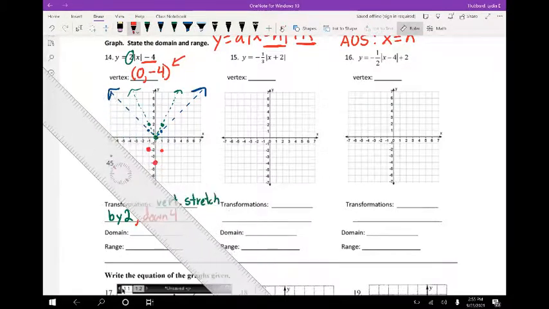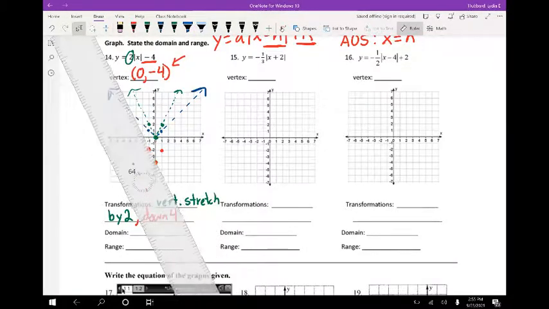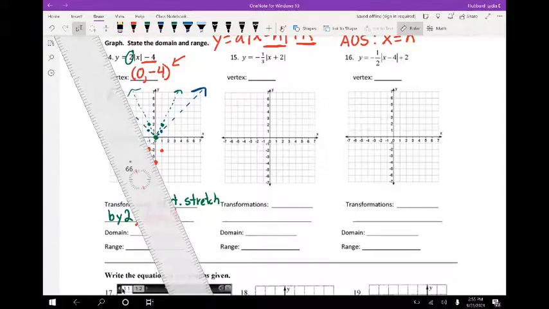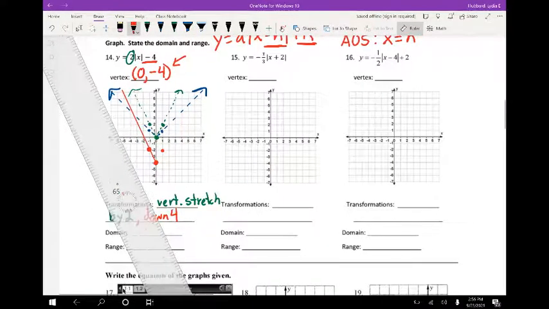Once I get that, 3 points is all I need to be able to connect my points and create my graph. Okay, so this will be the left side.